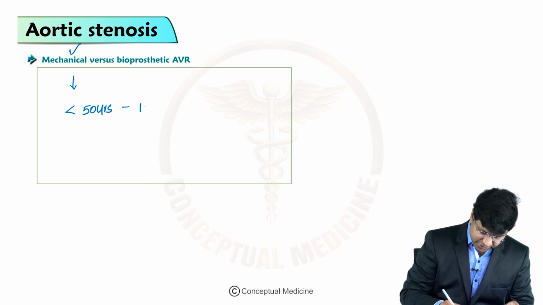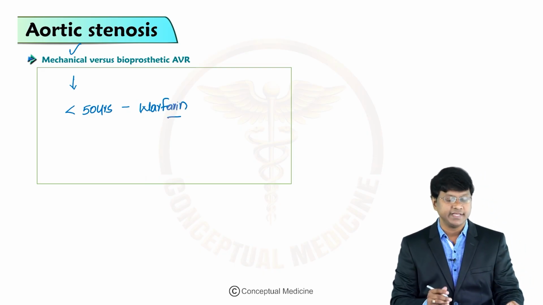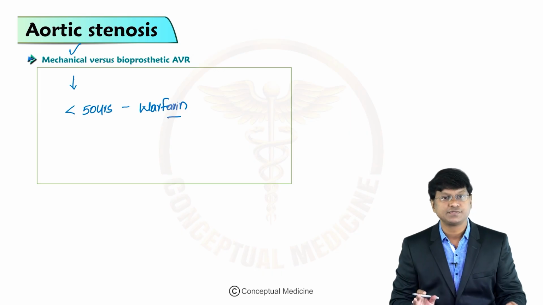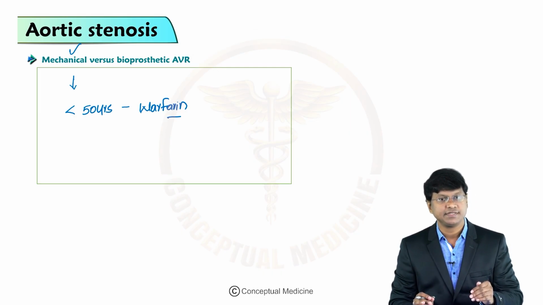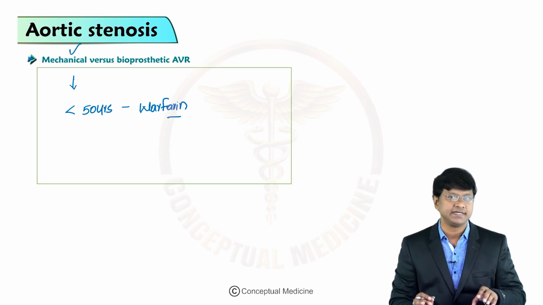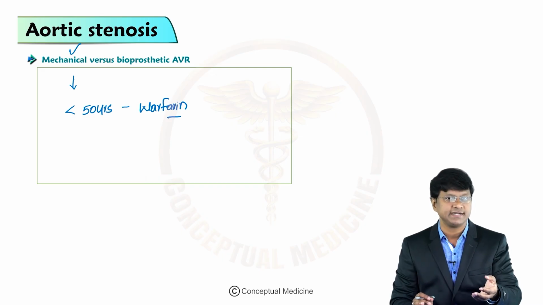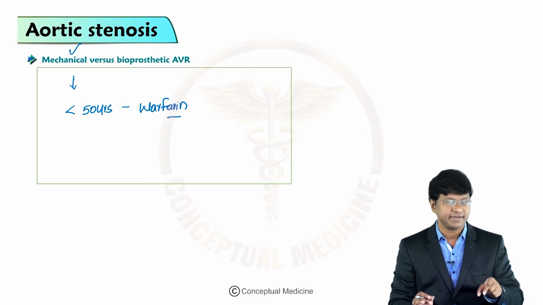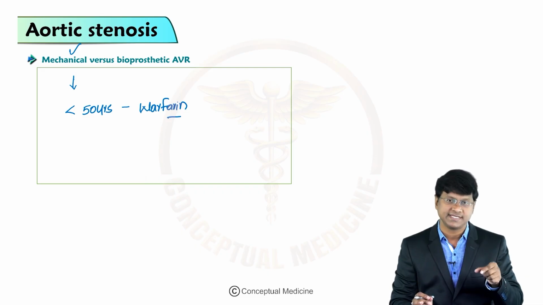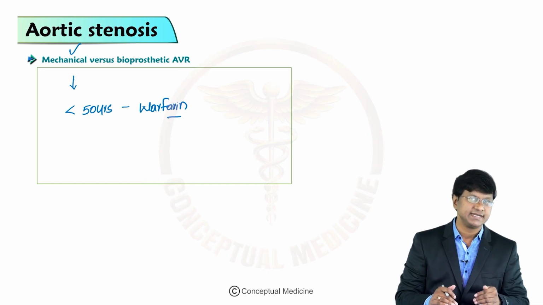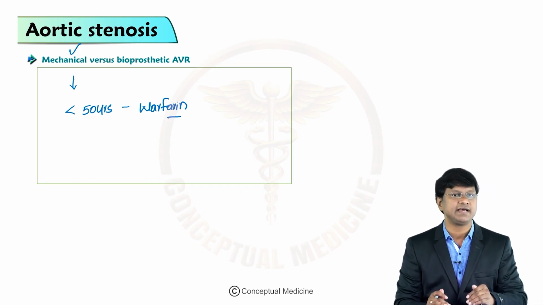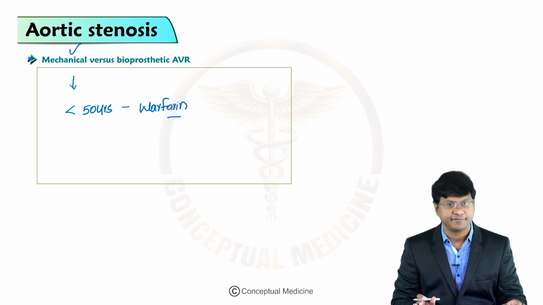So in those individuals who can take warfarin and are less than 50 years, we use the mechanical valve. This recommendation is a decrease from age 60 in the recent updated guidelines. In the previous guidelines, it was said that the mechanical valve should be used in age less than 60 years, but the present guidelines say that mechanical valves are used in individuals less than 50 years.